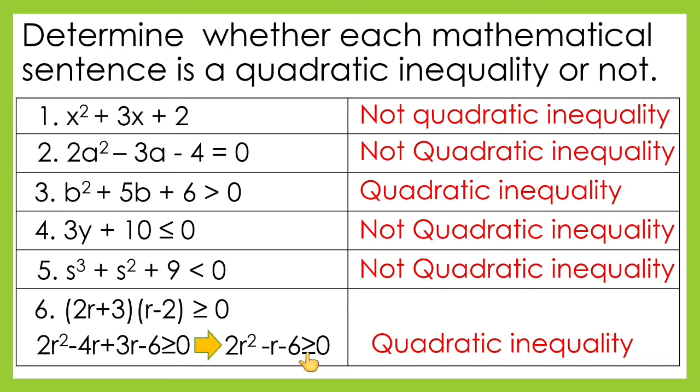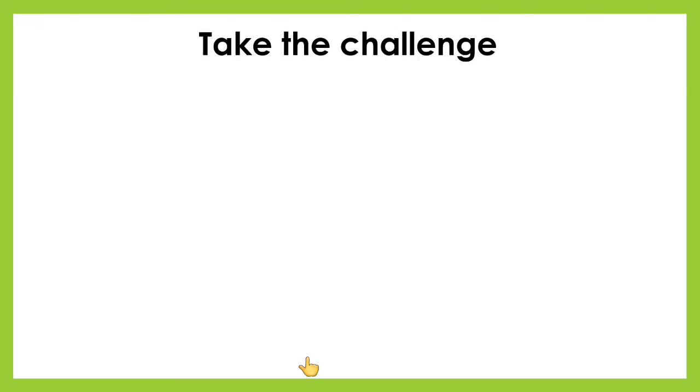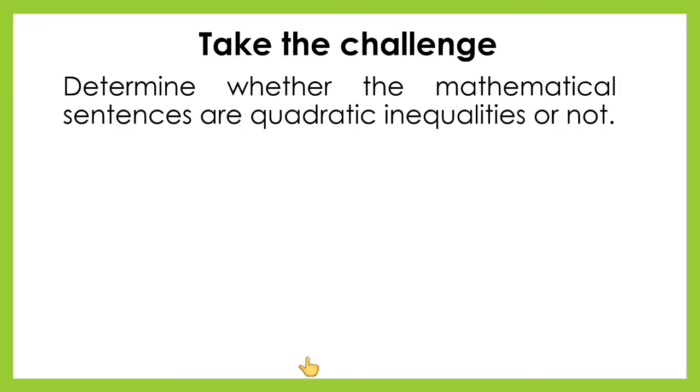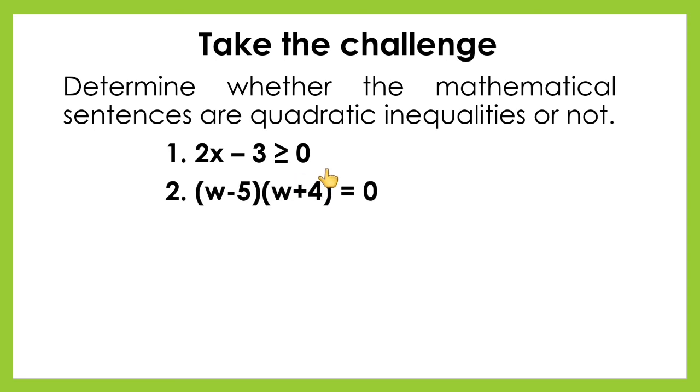And now that you know how to identify and describe quadratic inequality, I want you to take this challenge. Determine whether the mathematical sentences are quadratic inequalities or not. Number 1, 2x minus 3 is greater than or equal to 0.